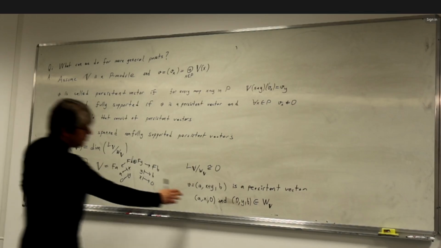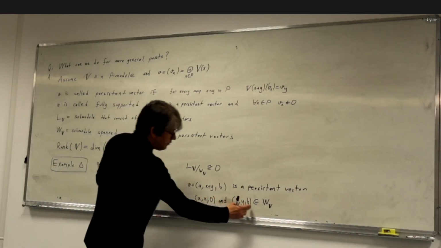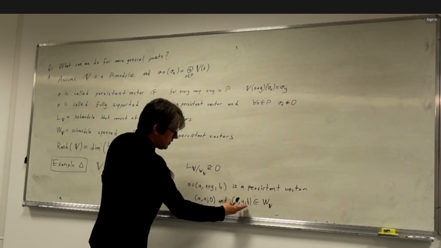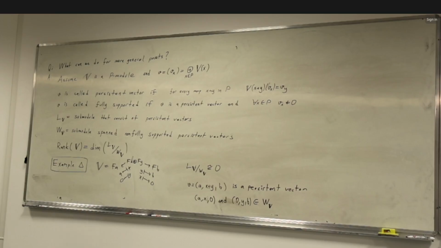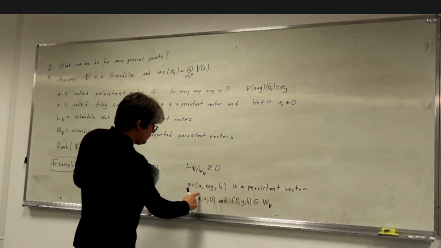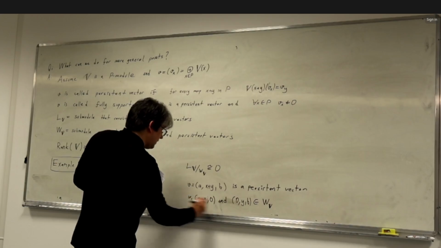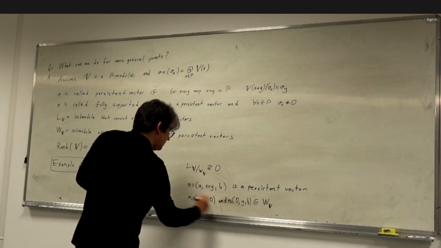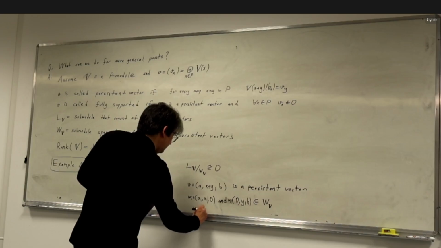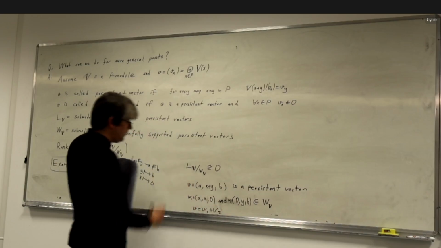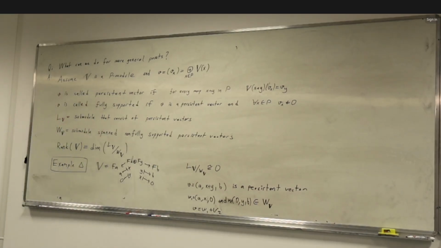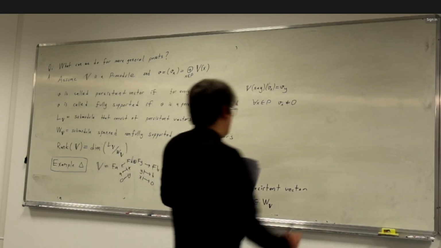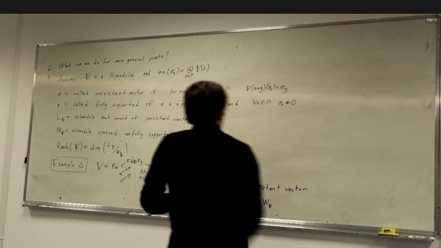So because a_x0 is also persistent, 0_yb is also persistent, but these are non-fully supported. And the sum of these two is equal to this. So here w1, w2, and v is equal to w1 plus w2. So v is 0 in this module. So the rank of this is 0.